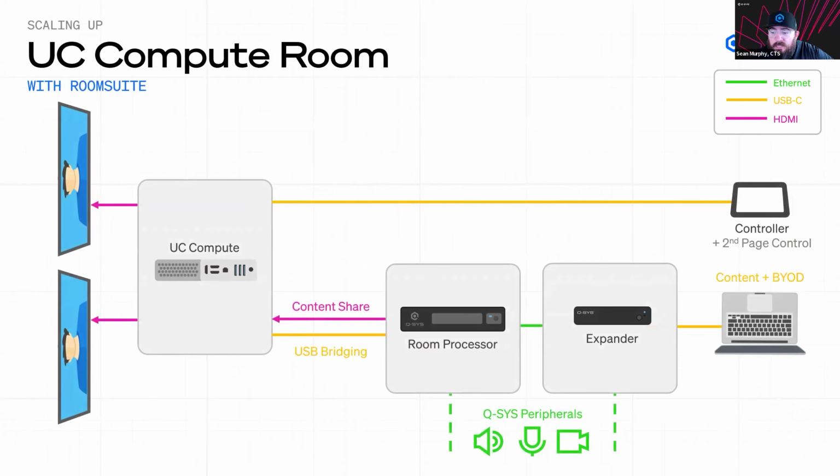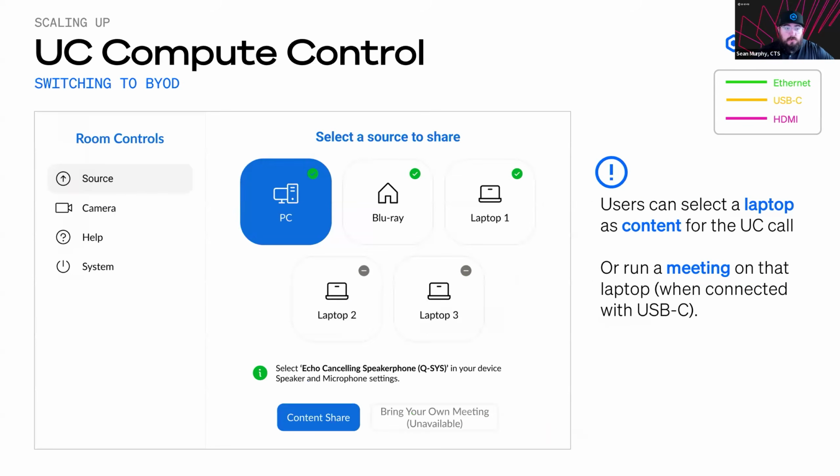So looking at the room again, we have the controller with the second page experience. And we want to talk about how do we BYOM or BYOD with this wiring configuration. Well, when we set up the room in a Teams room or Zoom room mode, we get the ability to select the source to share.